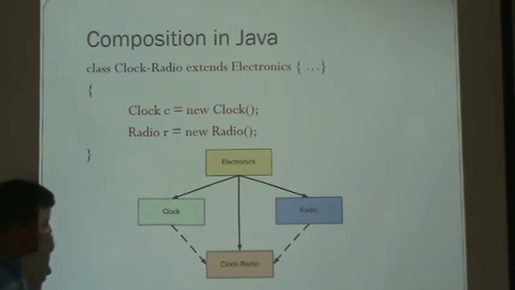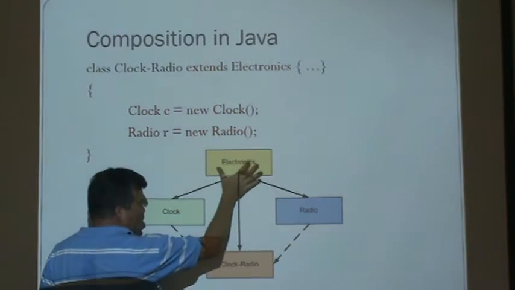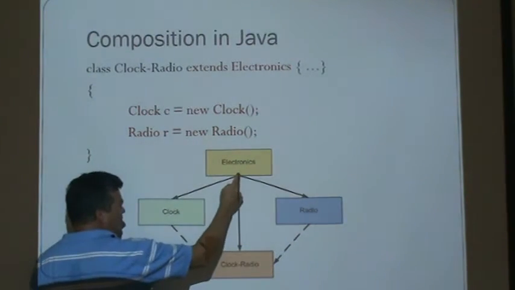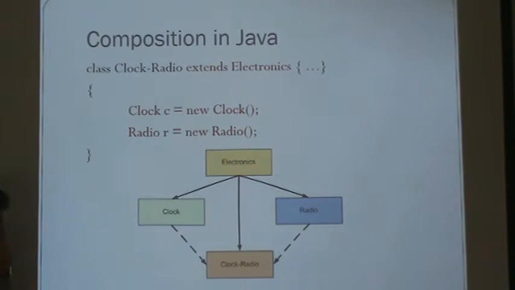If I wanted to create a class called clock radio, and I can't multiply inherit, then all I could really do is inherit from electronics directly, since everything has to inherit from it, and then I can have all the features of a clock and a radio by, instead of inheriting from them, creating an object of that type and putting that in my class.